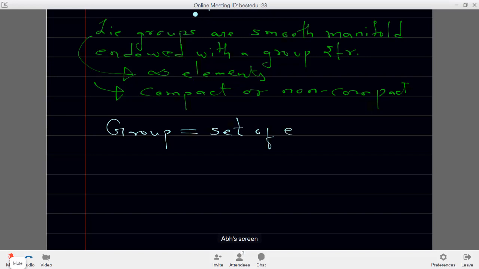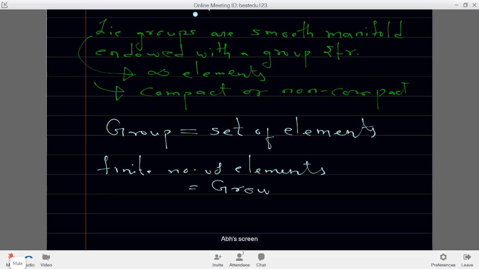A group is a set which contains certain elements. If it contains an infinite number of elements, then it can be like a Lie group. And what if it contains a finite number of elements? Then we call them groups which are discrete in nature. So I should write discrete group.